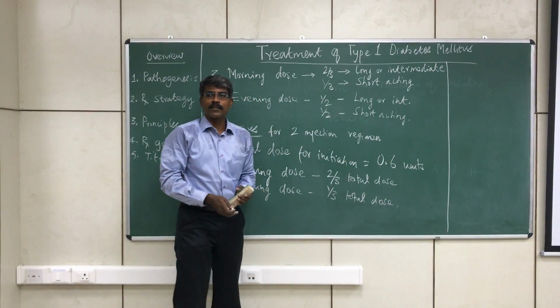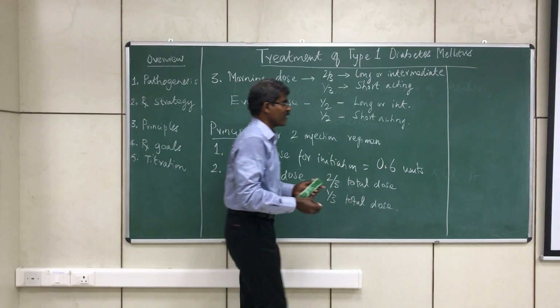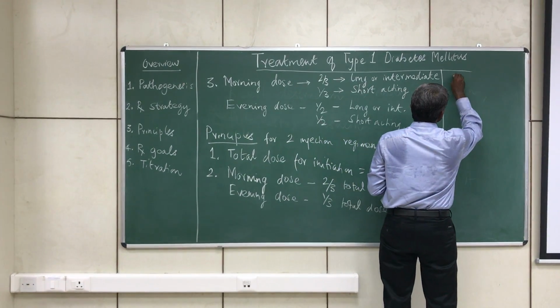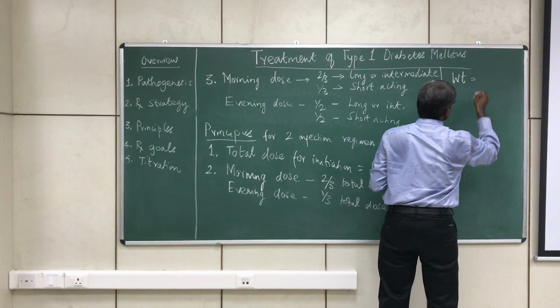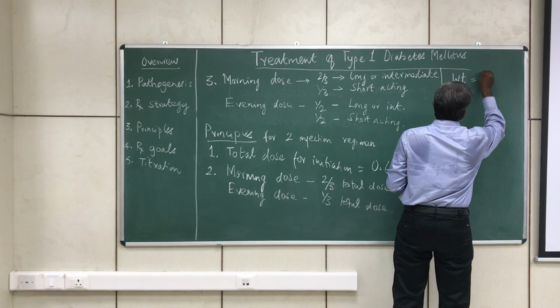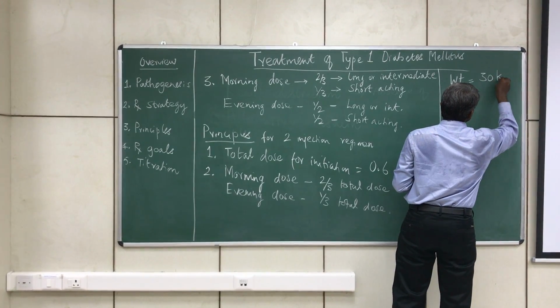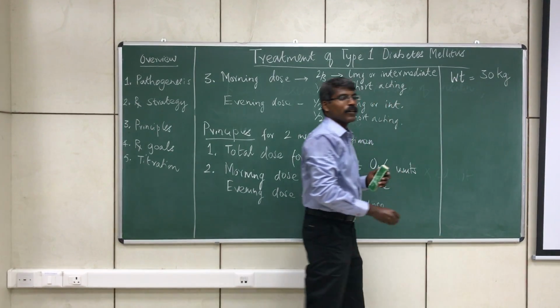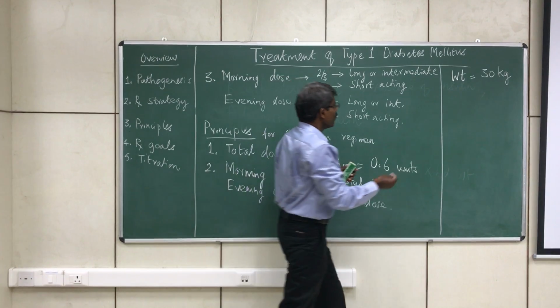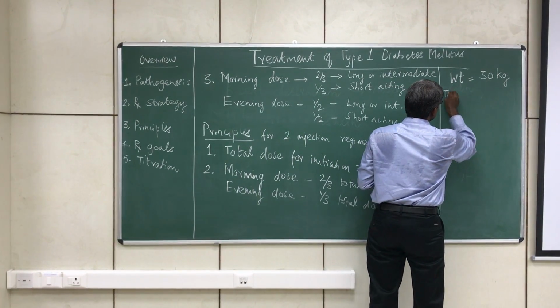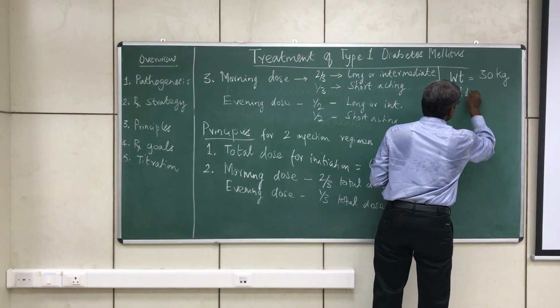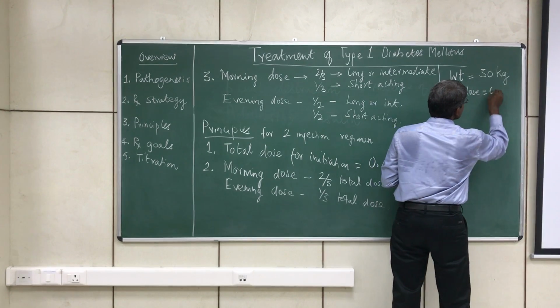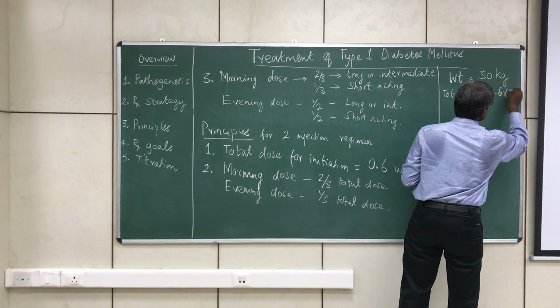Type 1 diabetes, usually the patient is a small child, right? So let's take the weight of this boy who is diagnosed to have type 1 diabetes, let's say 30 kilo. What is the total dose required for this boy? Total dose equals 0.6 into 30.